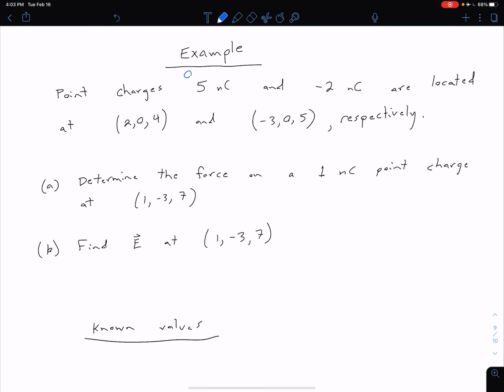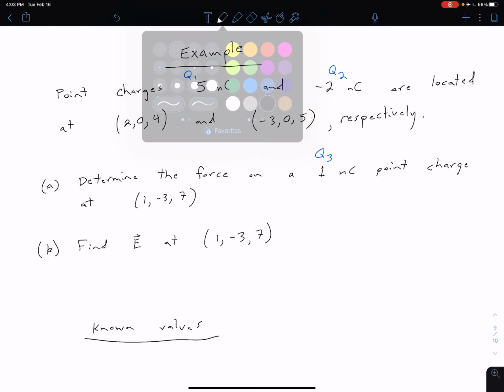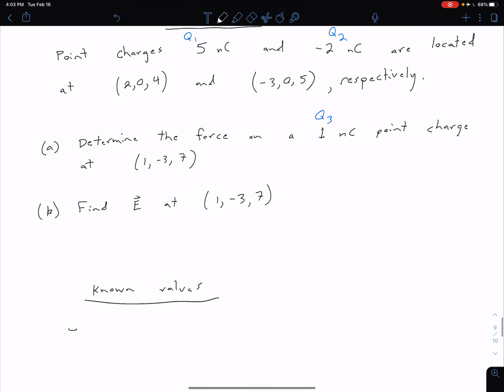Let me come up here in blue and let's say this is Q1, this is Q2, and this is Q3. So Q1 is a 5 nanocoulomb point charge, located by some position vector R1, which is equal to 2, 0, 4.